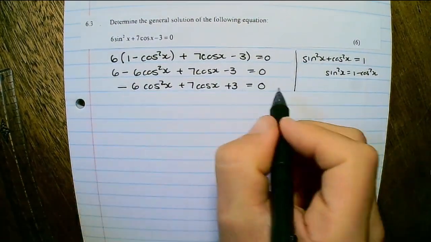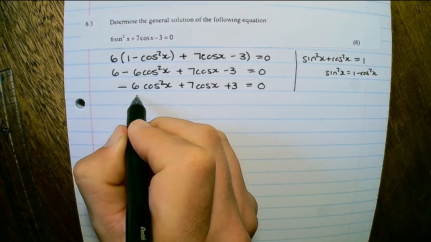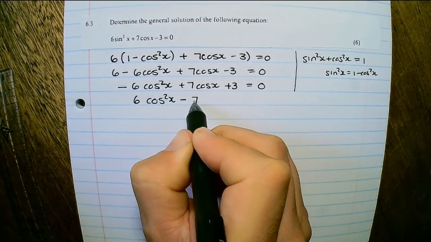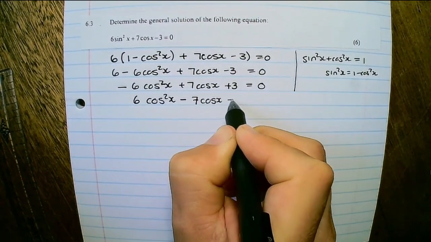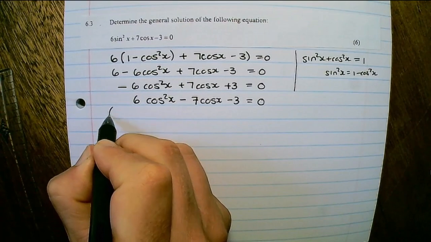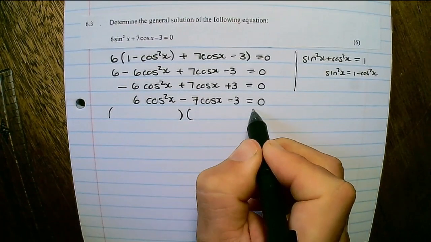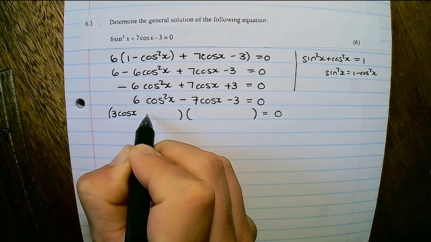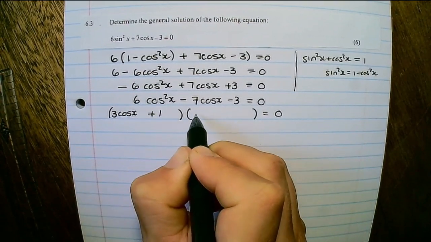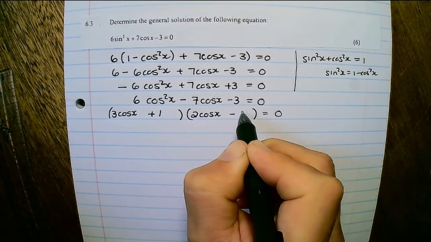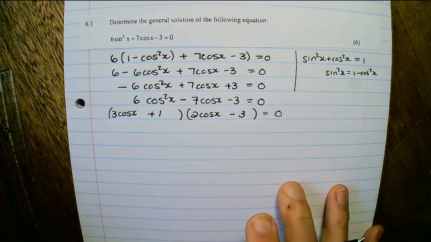If I divide everywhere by negative 1, it will be 6 cos square x minus 7 cos x minus 3 equal to 0. Now we can factorize. So that will be (3 cos x plus 1)(2 cos x minus 3) equal to 0.